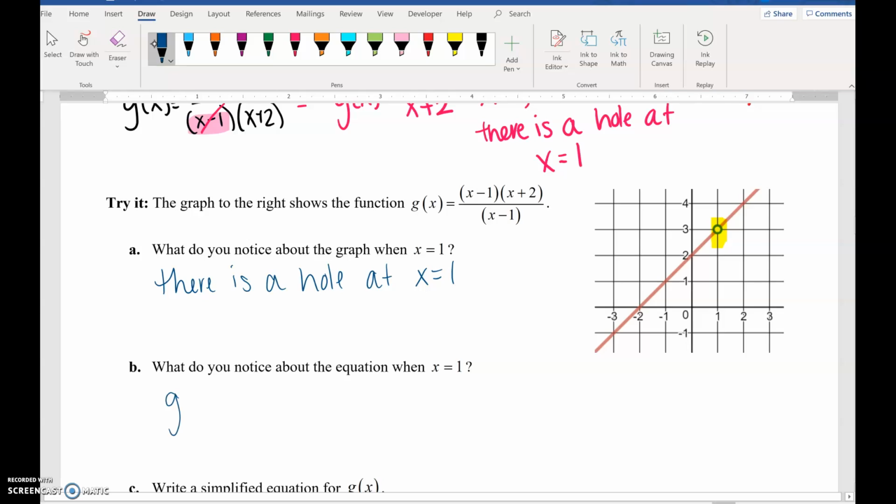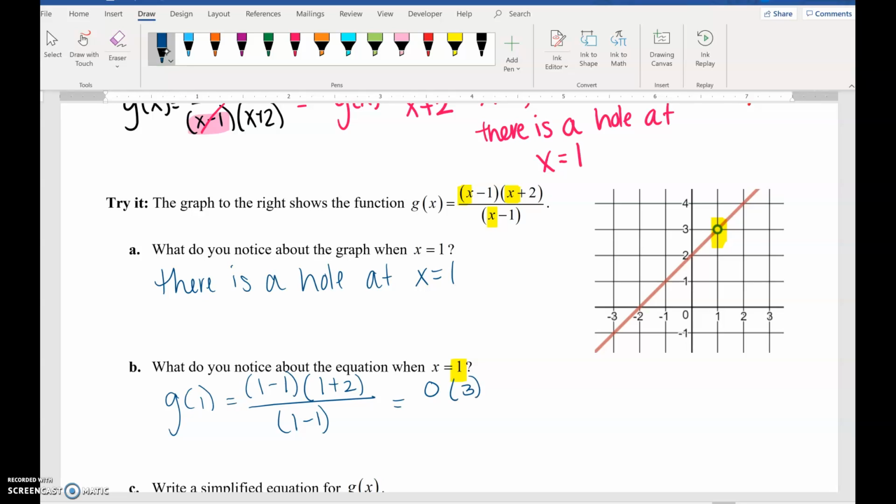So again, we're doing g of 1. We're going to plug in 1 for every x value. So that's going to look like 1 minus 1 all over 1 plus 2, and then 1 minus 1. So now we have 0 times 3 on the top, and then 1 minus 1 is 0. So it's still undefined because we can't divide by 0. However, this time it looks a little different.